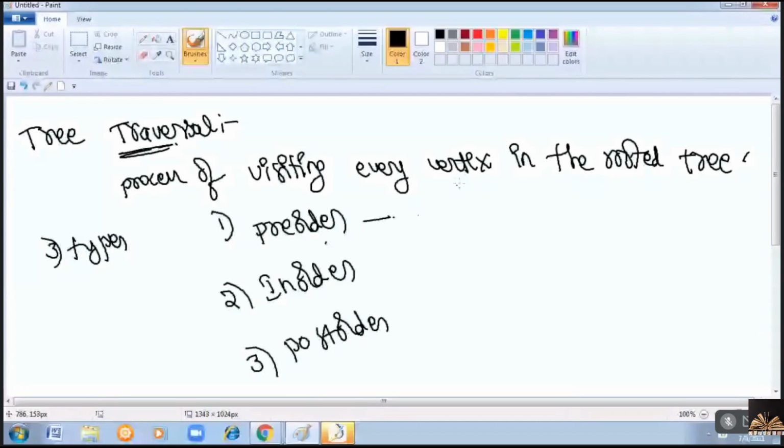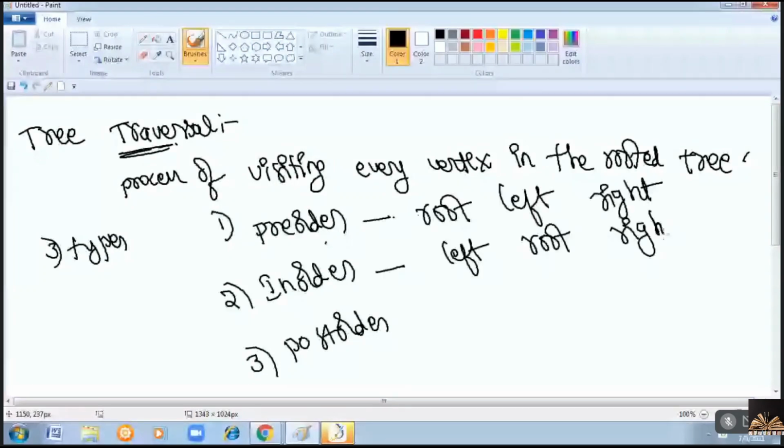For post order, visit the left subtree first, then the right subtree, and then the root. Clear? I think you know these traversals, right?